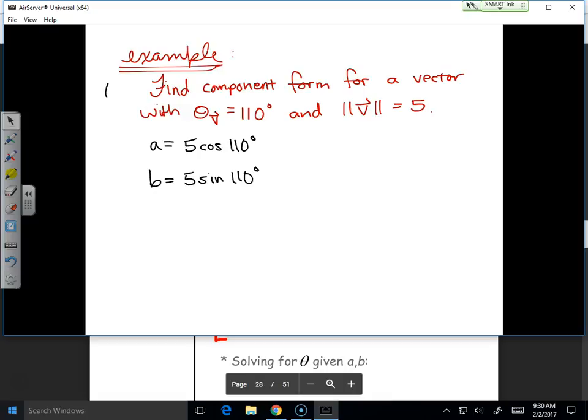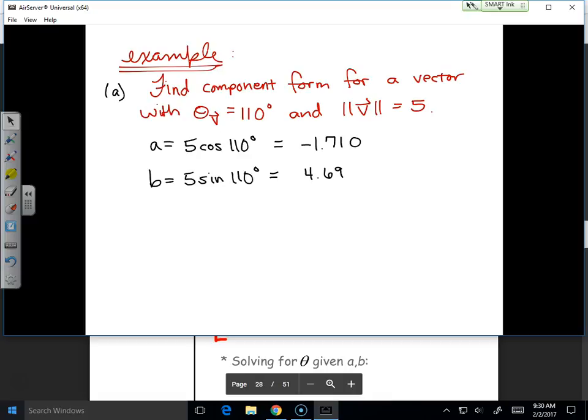We're calling this example A, so we're going to do example B in a second. What do you guys have for 5 cosine of 110? Degree mode, or else we're all in trouble. Negative 1.7. That's right. So negative 1 point what? 1.711. Negative 1.710. How about 5 sine of 110?